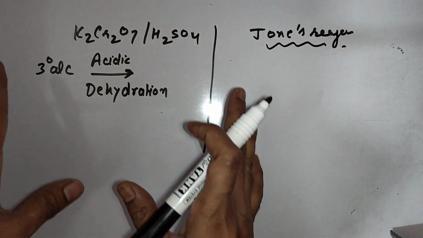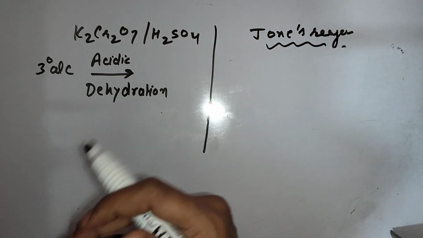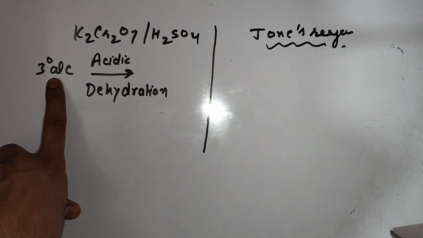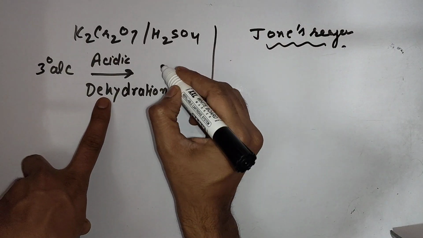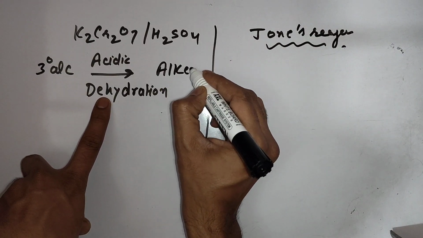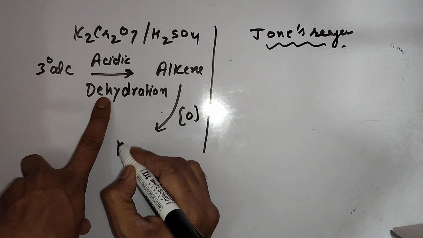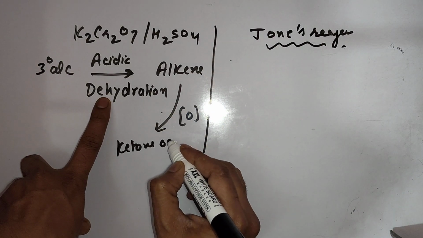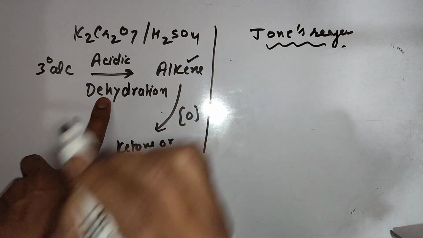Again and again, I am not going to write every mechanism. Same mechanism it is, no need to write it again and again. 3-degree alcohol in acidic medium will first show dehydration and will create alkene. And these alkenes will be further oxidized to ketones or aldehyde depending on the condition of alkene.